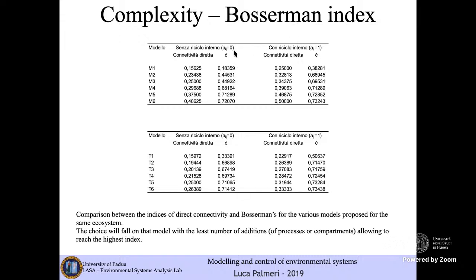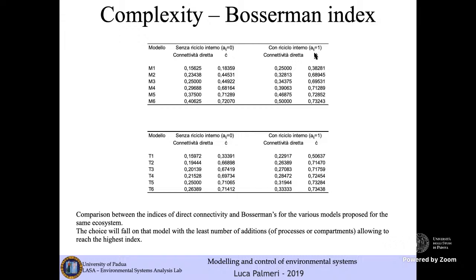In particular, we distinguish between no internal recycling, so the index equal to 0, that means that there is no internal recycling in the boxes and arrows description, or the index equal to 1, so the internal recycling is total.